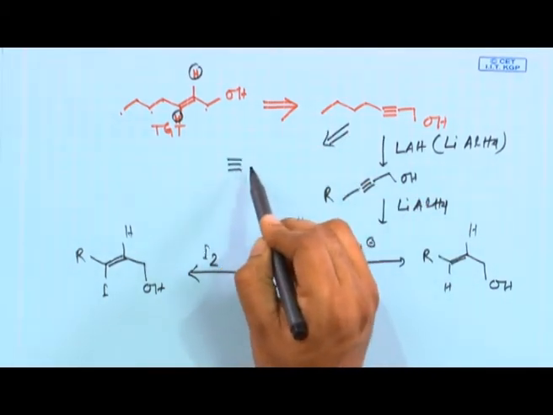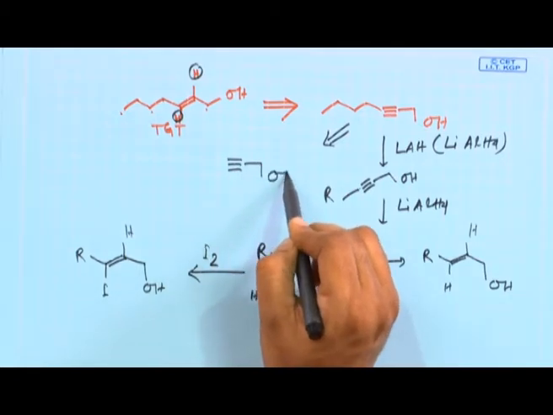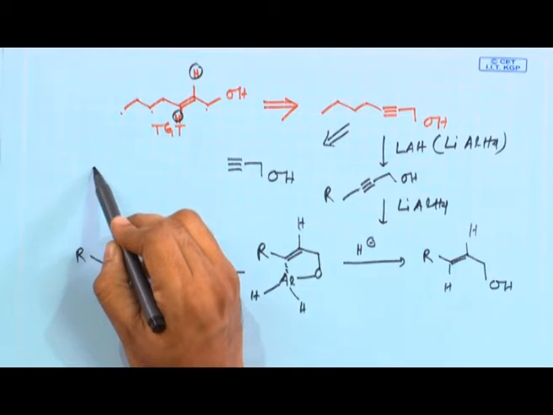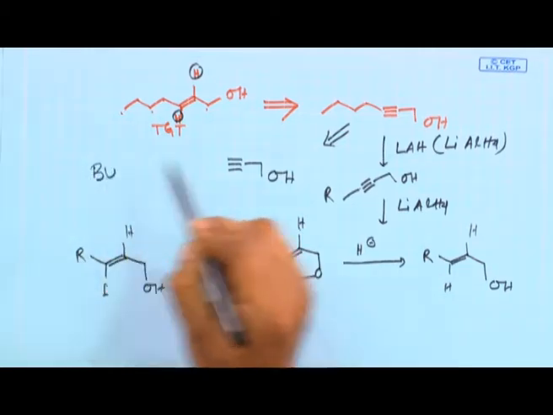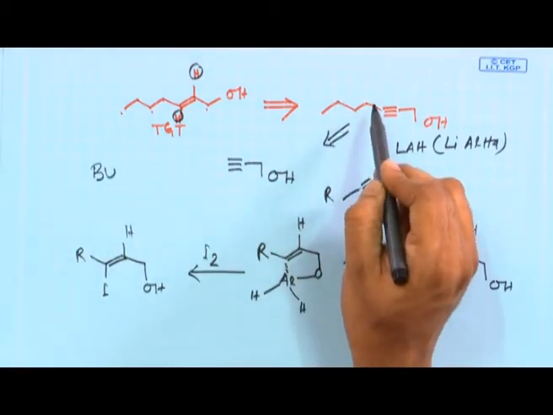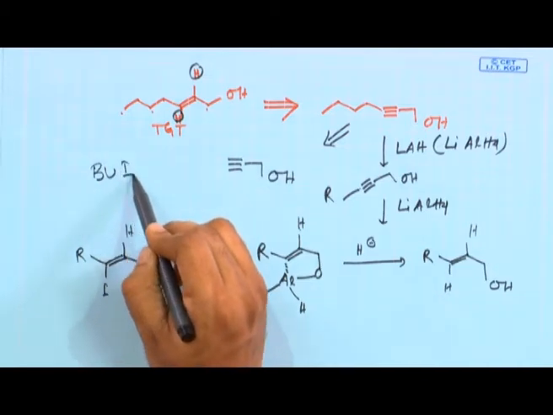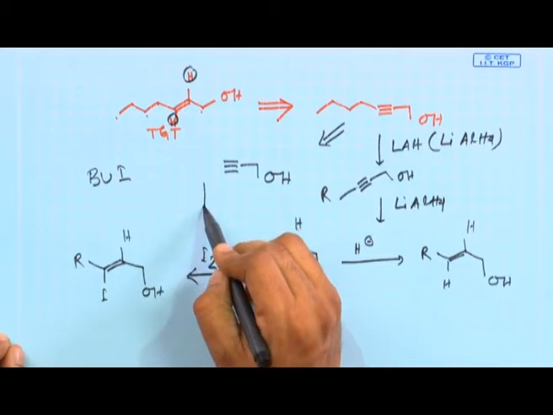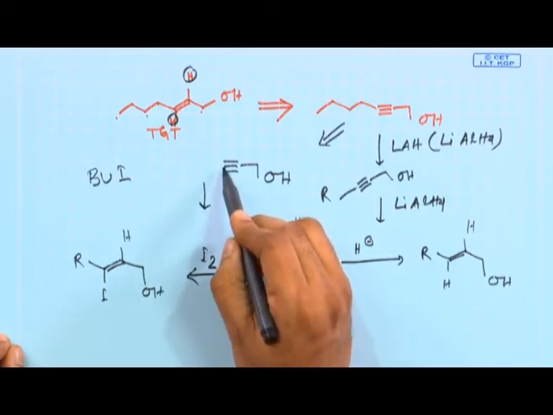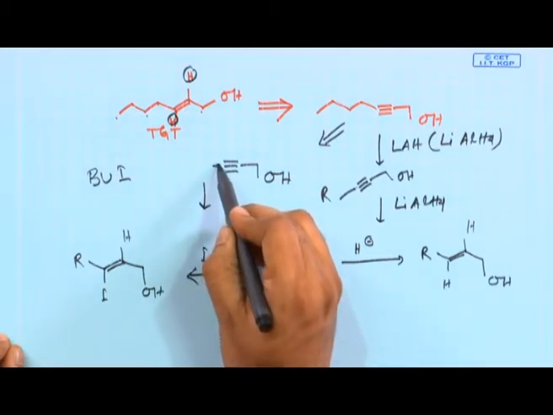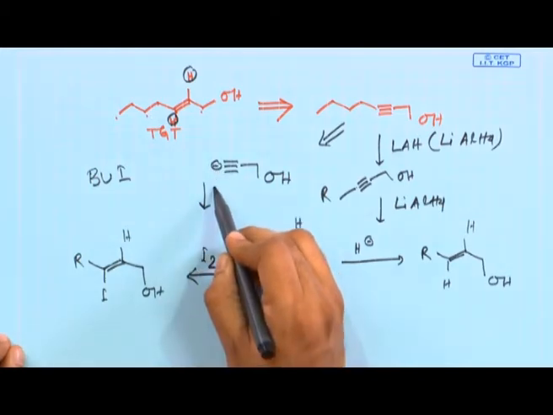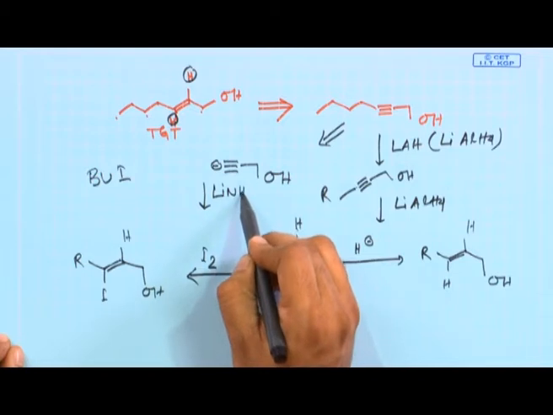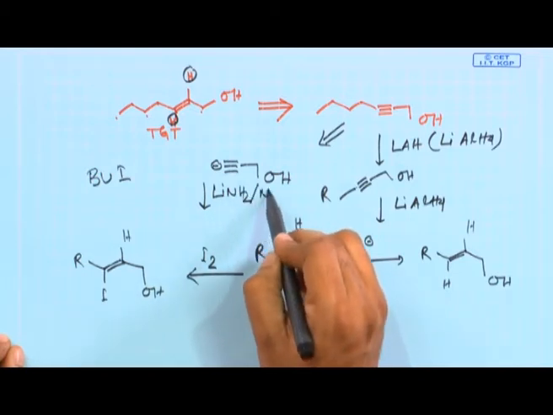If you take this as a starting material and this is 1, 2, 3, 4, butyl iodide. Now, this propargylic alcohol, you can generate this carbanion here by using any base. The bases which are preferred are lithium amide or sodium amide.